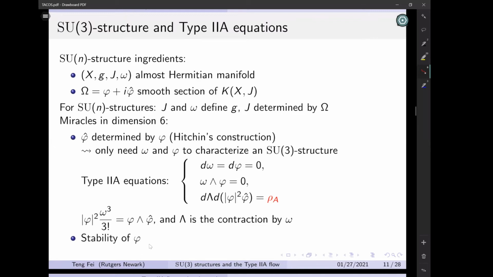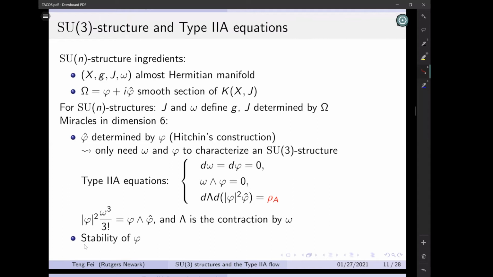So suppose you already have such a phi coming from an SU(3) structure, then if you deform this phi a little bit, it still comes from another, different SU(3) structure. So this SU(3) structure is somehow stable under perturbation.